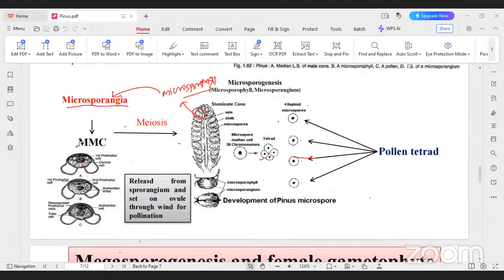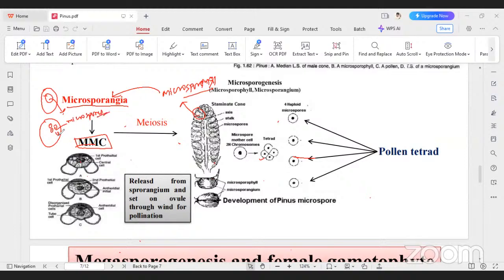Inside the microsporangia are microspore mother cells. This is the microsporangium structure, with a microspore mother cell inside. This microspore mother cell undergoes meiotic division, and as a result, microspores are formed like this.